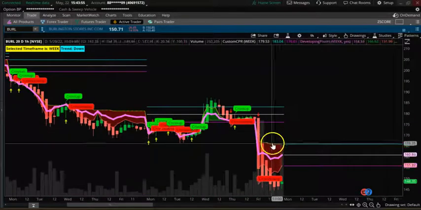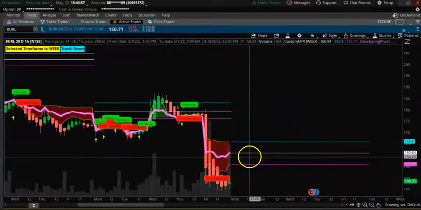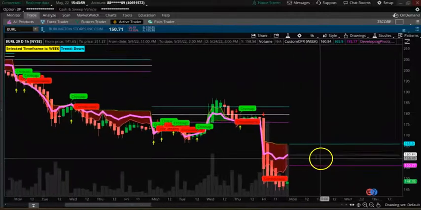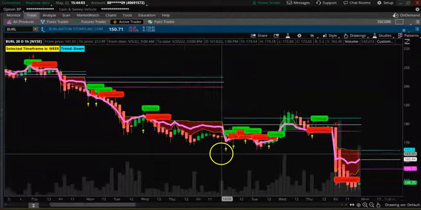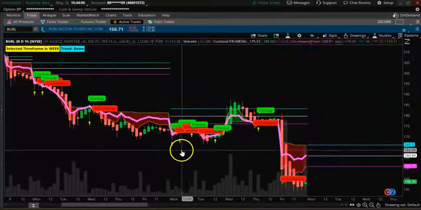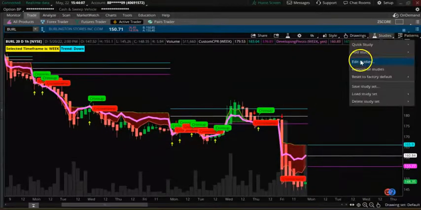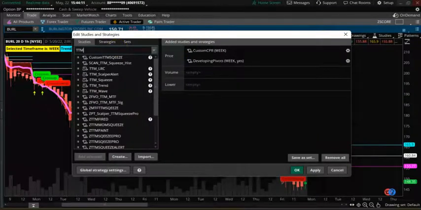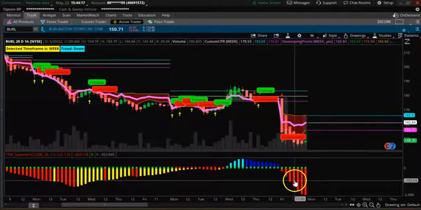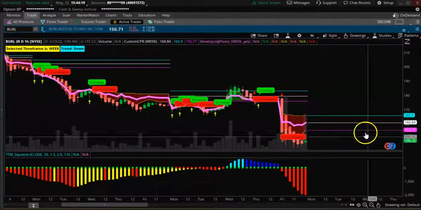You can see it's on a downtrend. Developing CPR is also downtrend. CPR is downtrend. Now let's also put the TTM squeeze. That's also on red. So all are lining up.